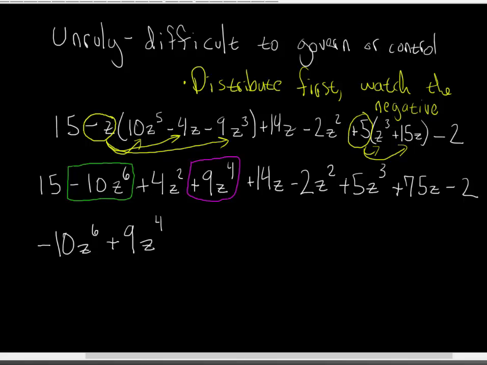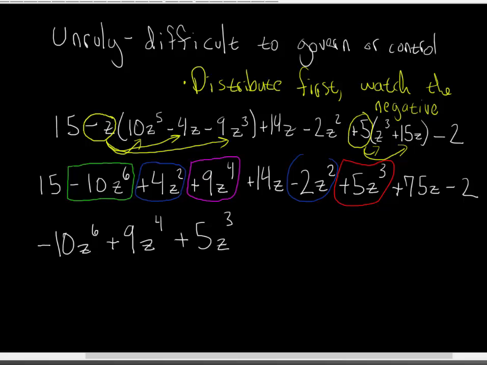Still combining like terms. Next smallest power, z to the 3rd power. There's no other z to the 3rd power, so there's nothing to combine it with. So I get to bring that one straight down. 5z cubed. Next largest is z squared. Here I've got a 4z squared. Here I've got a negative 2z squared.